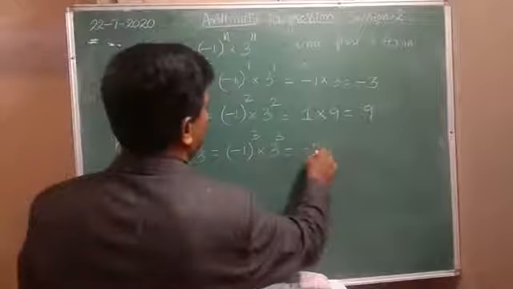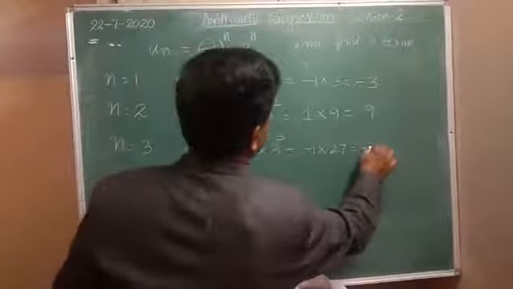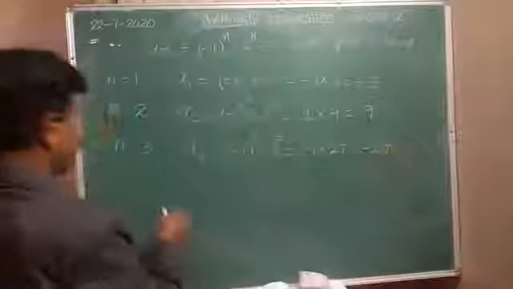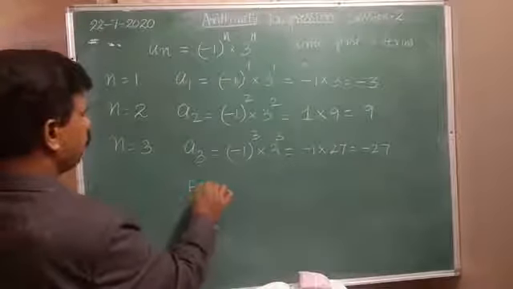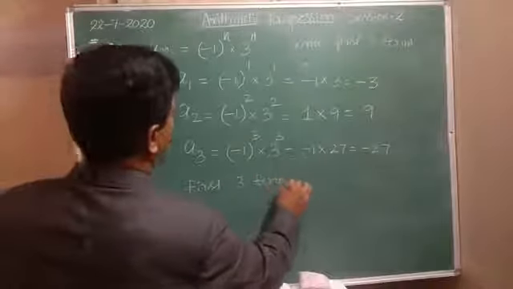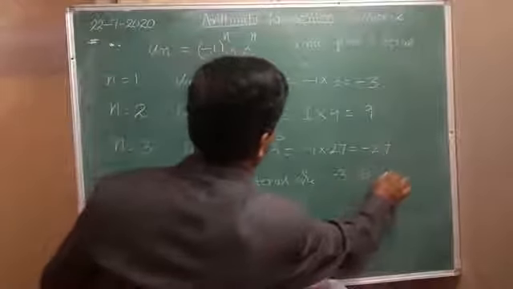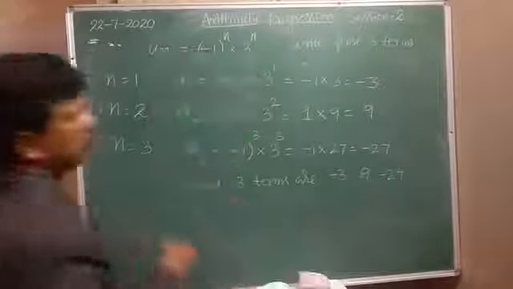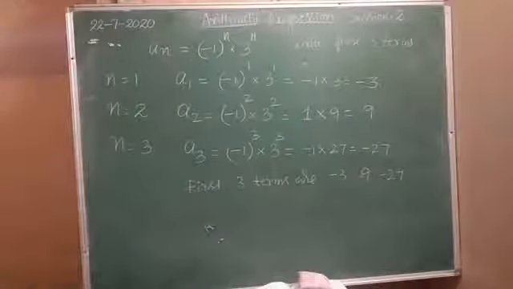So this is minus 1 into 27. So the answer is minus 27. Therefore, the first three terms are minus 3, 9, minus 27. So this is the way of finding the terms of an nth term formula. Right.